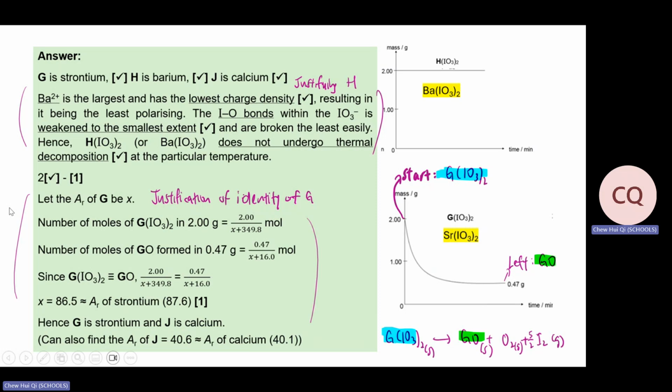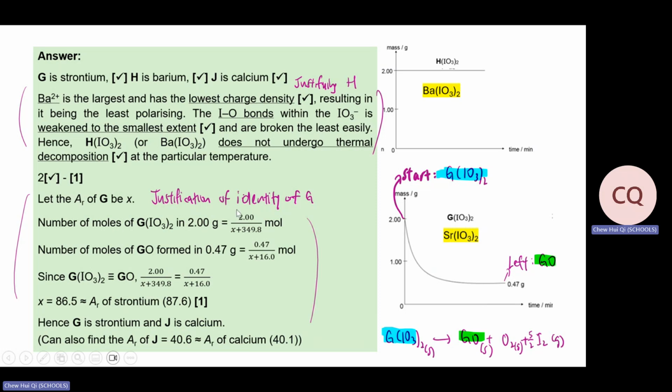So you can do calculations to justify the identity of G within the graph itself, because 1 mole of iodate will produce 1 mole of the oxide. Therefore, if you let the relative atomic mass of G be X, you can form equations.